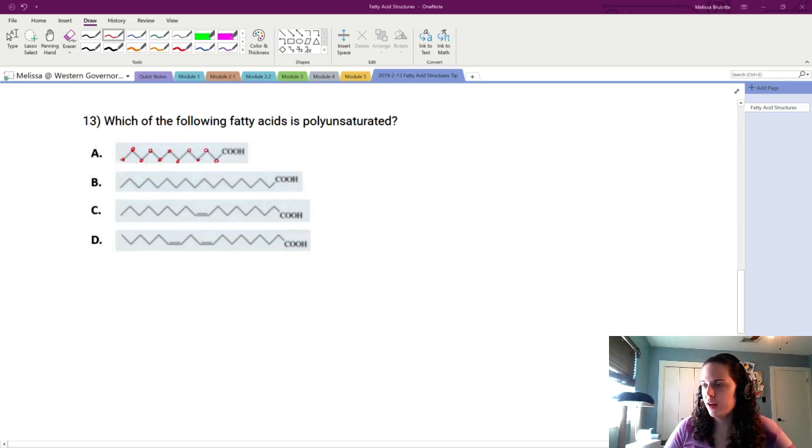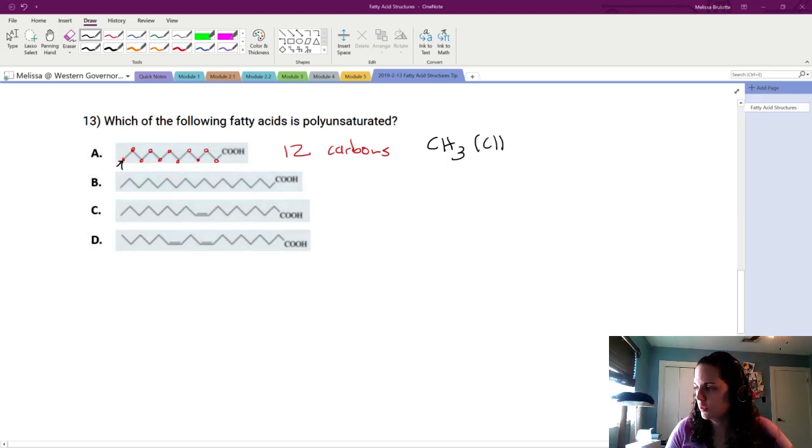And so we have 1, 2, 3, 4, 5, 6, 7, 8, 9, 10, 11, 12 carbons here. And we could draw this structure out as CH3 at the end here. And then 1, 2, 3, 4, 5, 6, 7, 8, 9, 10 CH2s in a row. And then our carboxyl group.